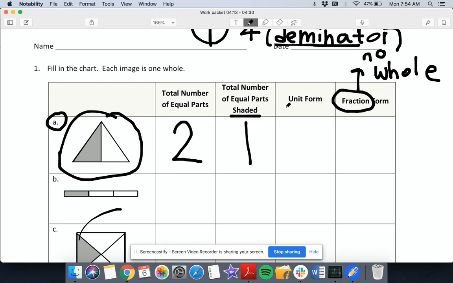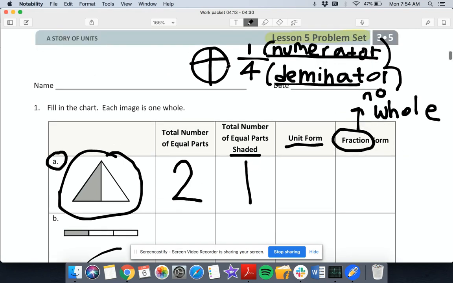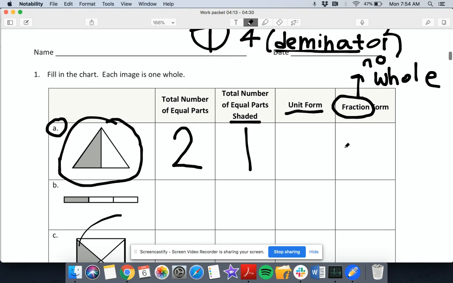Next box asks for unit form. So unit form is essentially just a fancier way of saying we're going to put this in proper word form. Actually, let's move on to fraction form first. Because fraction form is essentially the form we put up here with the pizza. So we have our numerator on top and our denominator on the bottom.